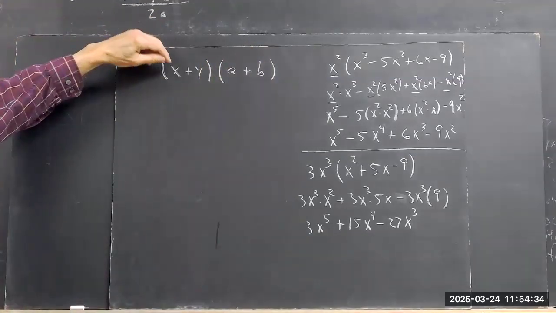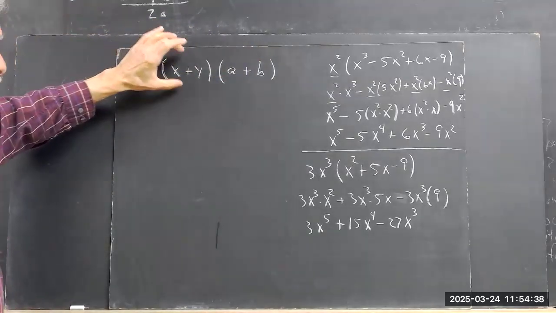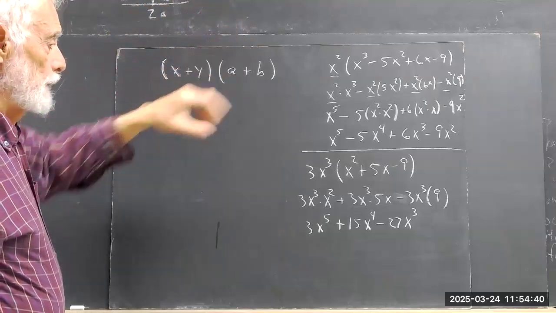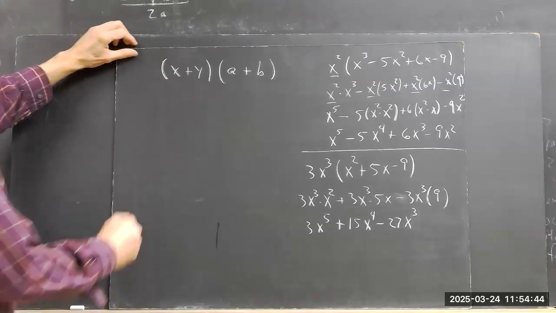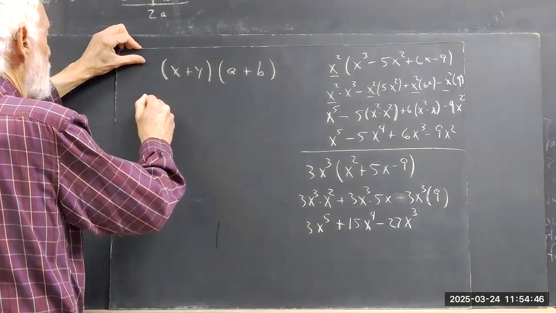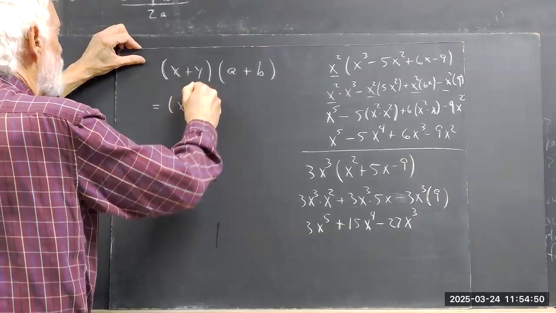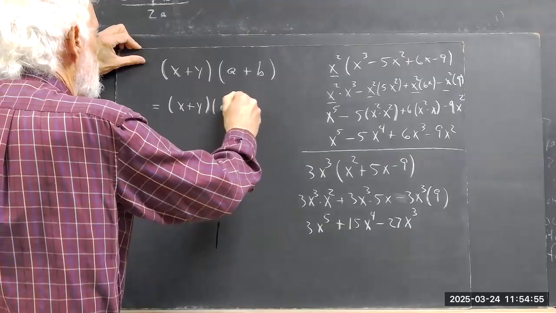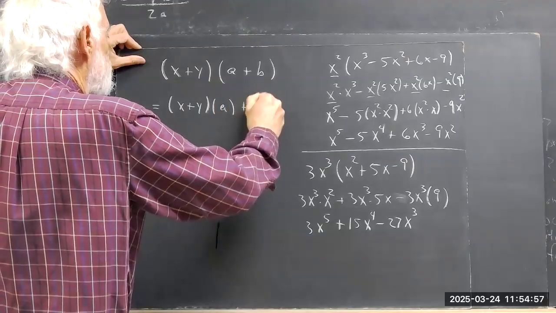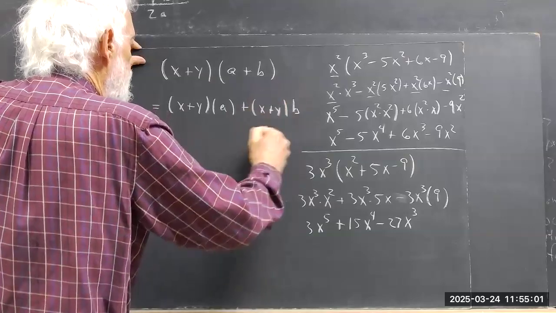Not going to use any numbers. I'm just going to use x and y, a and b. And I want to multiply x plus y by a plus b. But what this means then is x plus y multiplies a, and x plus y multiplies b.